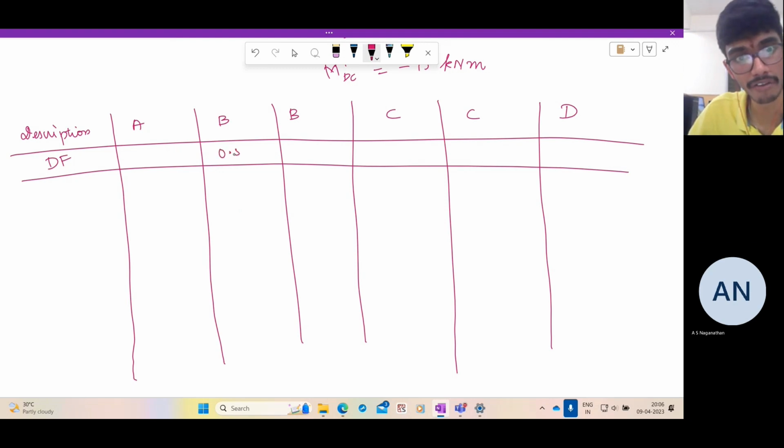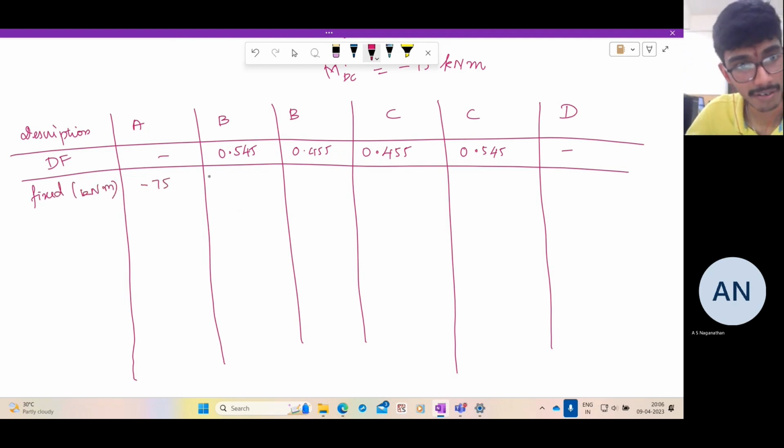At the joint B, we have 0.545, 0.455. Here you have 0.455. Here you have 0.545. The fixed end moments, kilonewton meter, are minus 75, minus 75, 0, 0, minus 75, minus 75. So these are the fixed end moments.